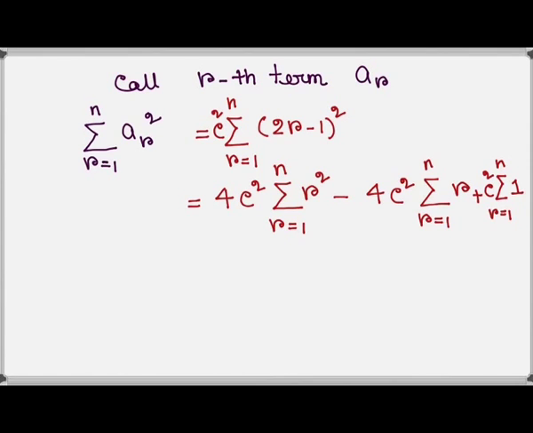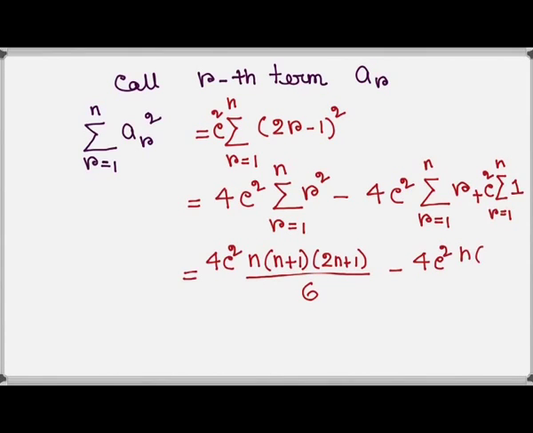So, if we sum this up, we get 4c square into n plus 1 into 2n plus 1 divided by 6 minus 4c square into n plus 1 divided by 2 plus c square n.